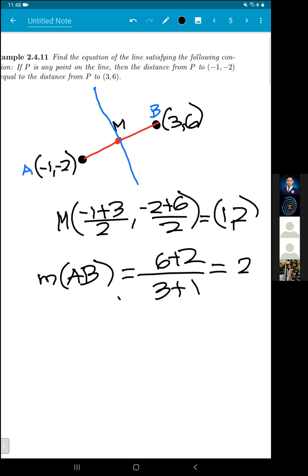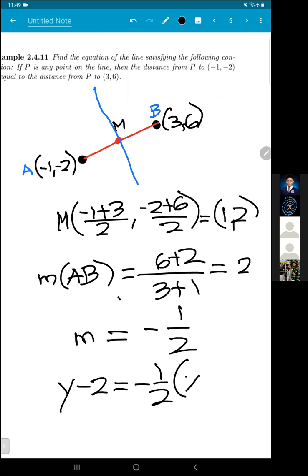So 2. So negative reciprocal, -1/2. Tama ba? And then point-slope form, ito yung point. Hindi nag-jive yung ano natin.